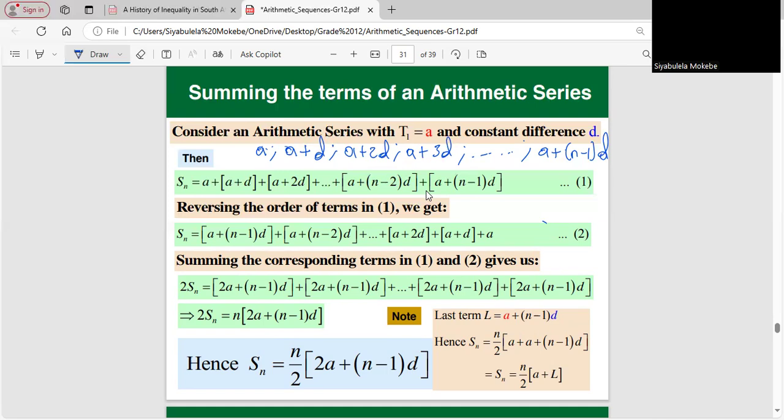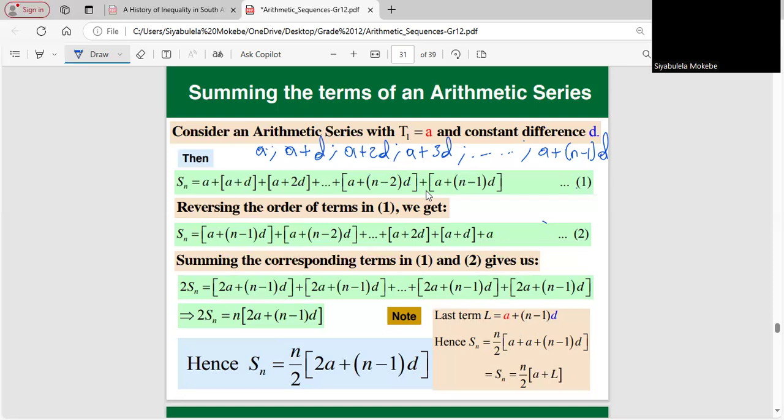That's all. Now, if this is equation 1 and that is equation 2, you're going to sum the corresponding terms in equation 1 and equation 2. So S of n plus S of n is 2S of n. Folks, please pay attention.